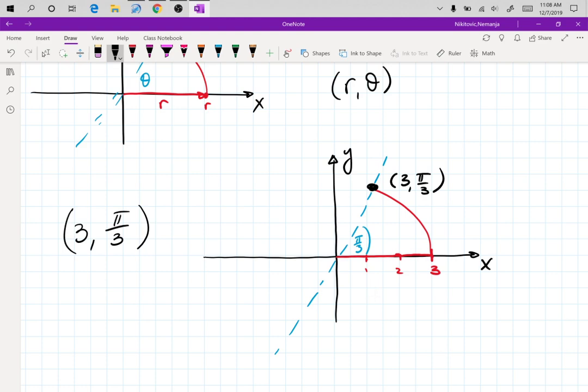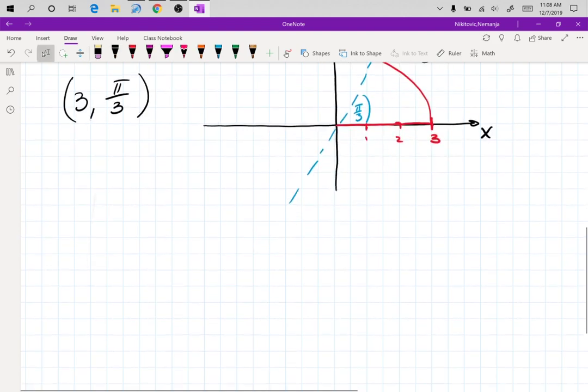This is still only an xy graph. It's just that the way to get there is different. We used to go along the x-axis and then up or down on y. Now we go along the x-axis again, and then we swing to meet the angle that is given to us.